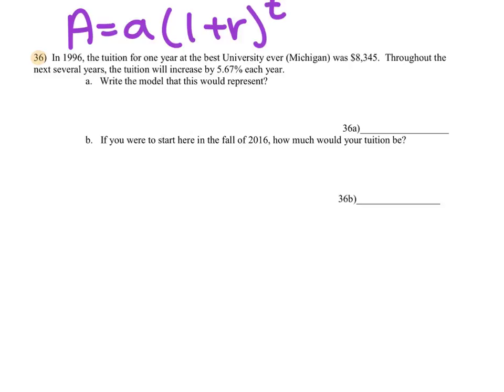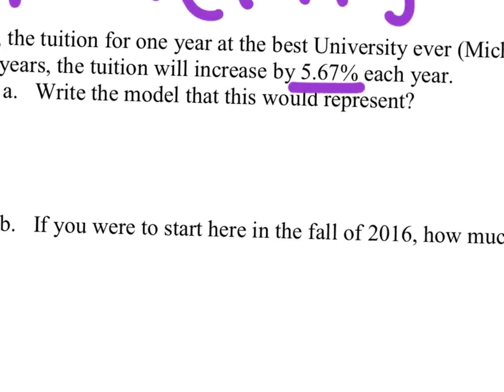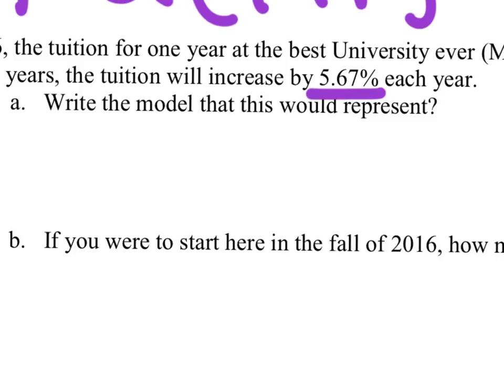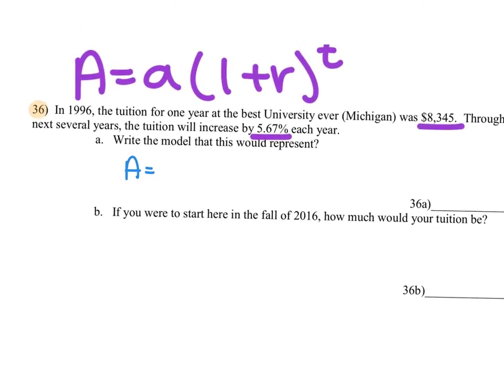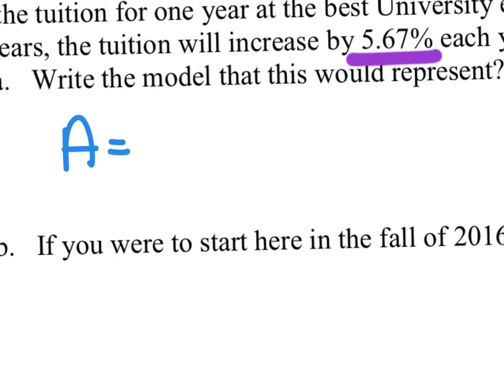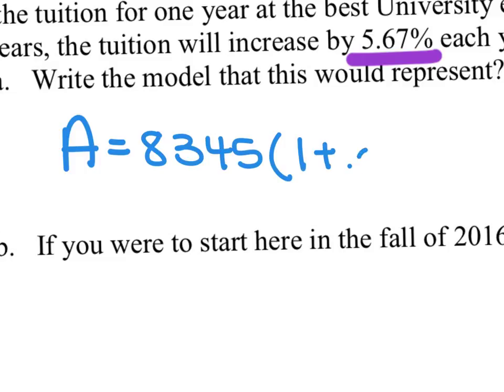Okay, guys, so beginning tuition was $8,345. Rate is 5.67. So I'm just going to go right to the equation to save time. We have A equals the beginning amount. Remember, the beginning amount is 8,345 times 1 plus the rate, which is 0.0567 to the t.